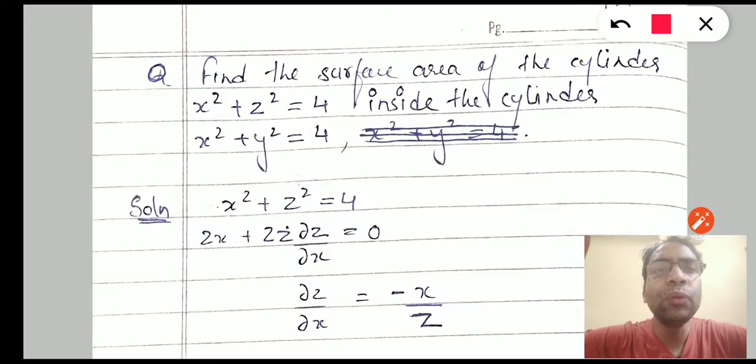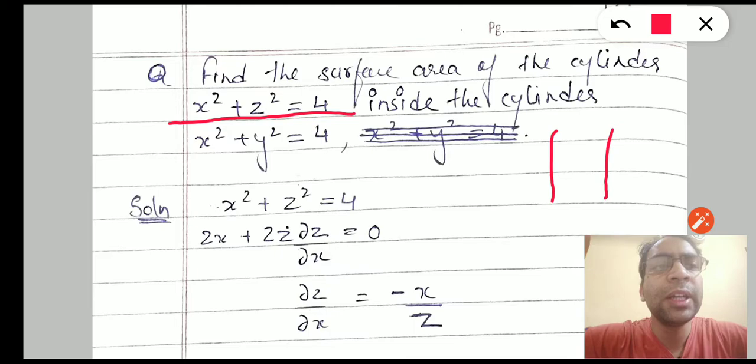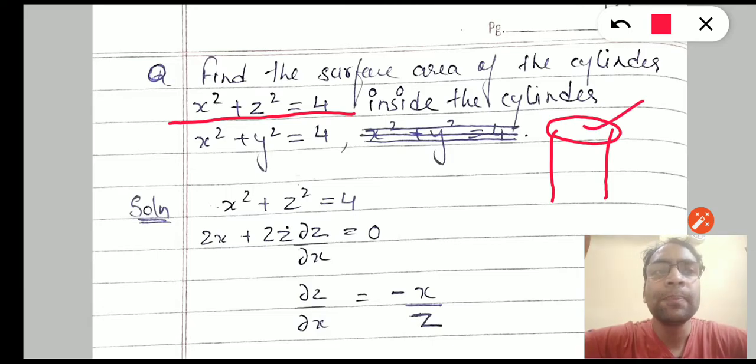Before we move, we need to understand that this first equation of the cylinder is indicating the equation of the top circle of the cylinder. So if this is a cylinder, then the equation is given of this circle of the cylinder, right? In the second also, this is the equation of the second.